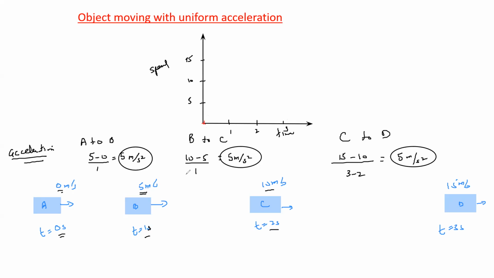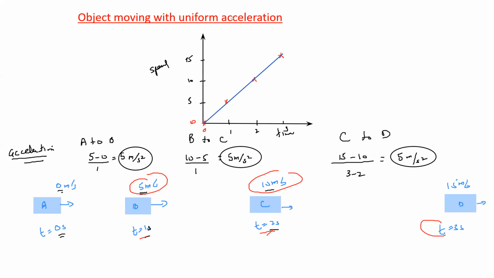So when time is 0, speed was 0. When time is 1, the speed was 5. When time is 2, the speed was 10. When time is 3, the speed is 15. So when you join these points, how will it appear? It will appear as a straight line with a constant slope.